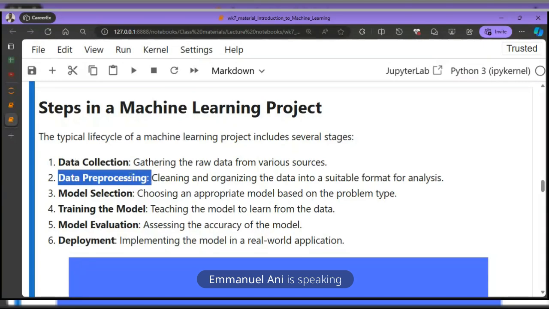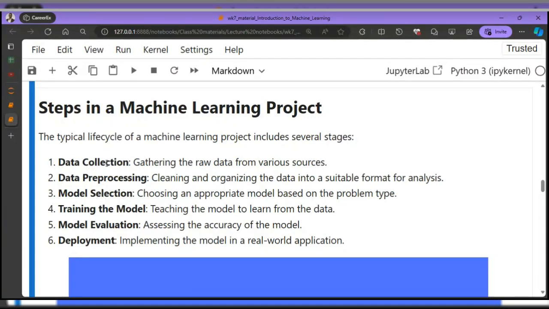What do we skip? Can someone tell me what we skipped here between data collection and data preprocessing? Can someone tell me what we skipped?